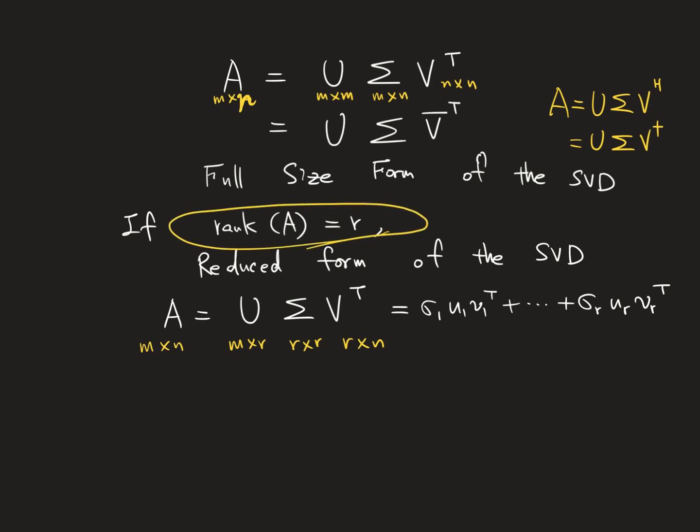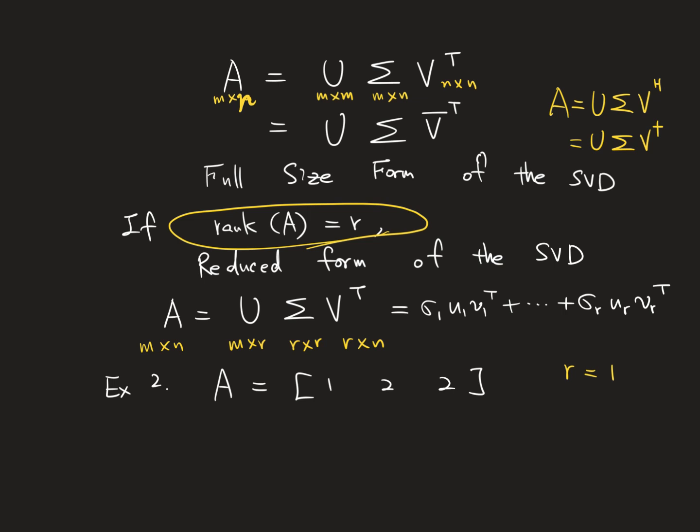So let's take an example. For example, example 2, we have a matrix A equal to 1 2, and then we do the singular value decomposition. We know the rank is only 1.